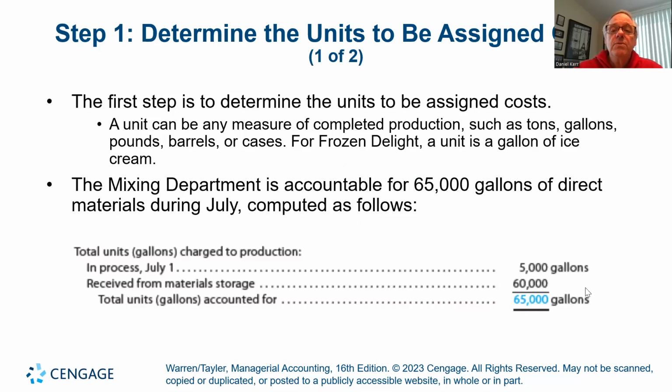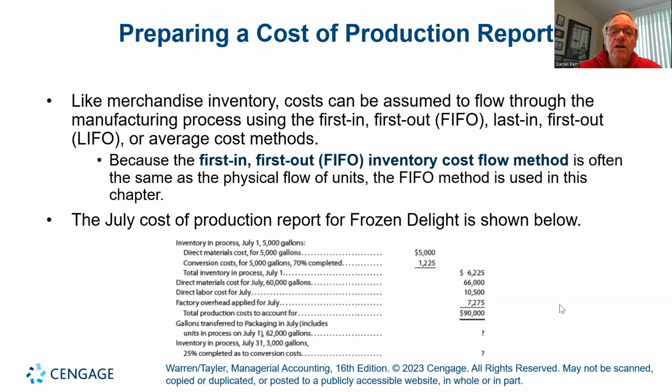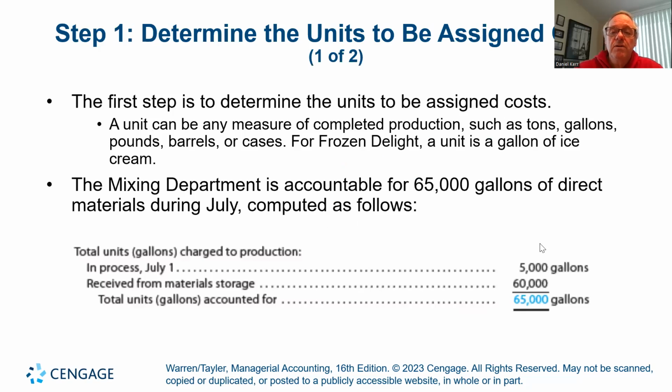So first step is we have to figure out the number of units that have to be assigned costs. So we know we had 5,000 gallons of inventory direct materials cost at the beginning of the period. And we know that we had materials costs that were added. We had 60,000 gallons worth of materials. So we've got 65,000 gallons to account for.